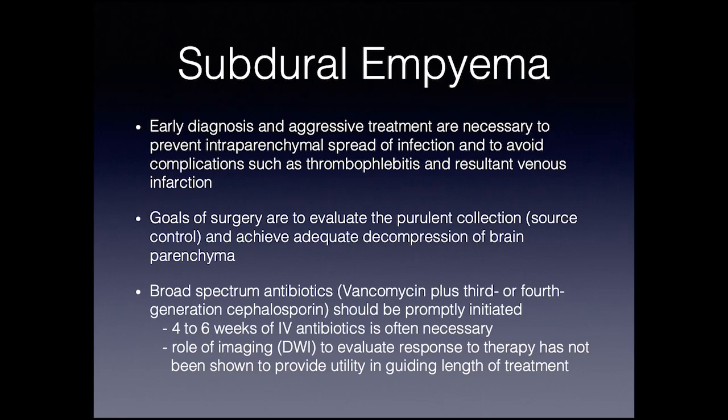Patients should be promptly started on broad-spectrum antibiotics, which can be narrowed once culture speciation and sensitivities are determined. Intravenous antibiotics are often administered for 4 to 6 weeks and possibly followed by PO suppression.